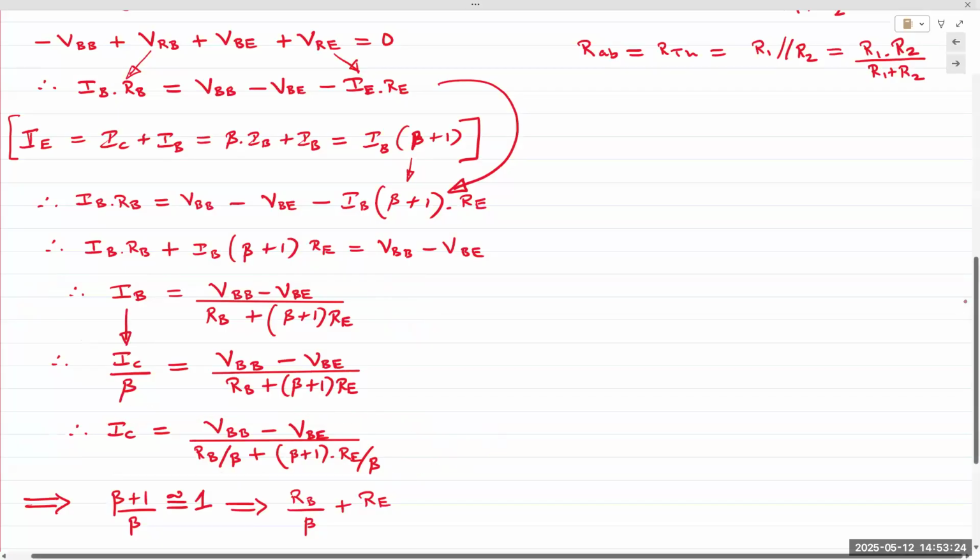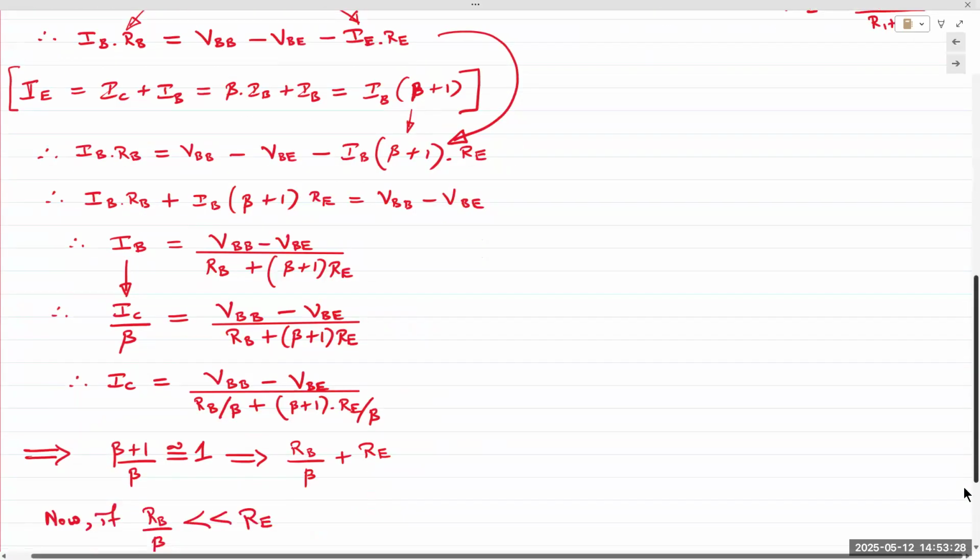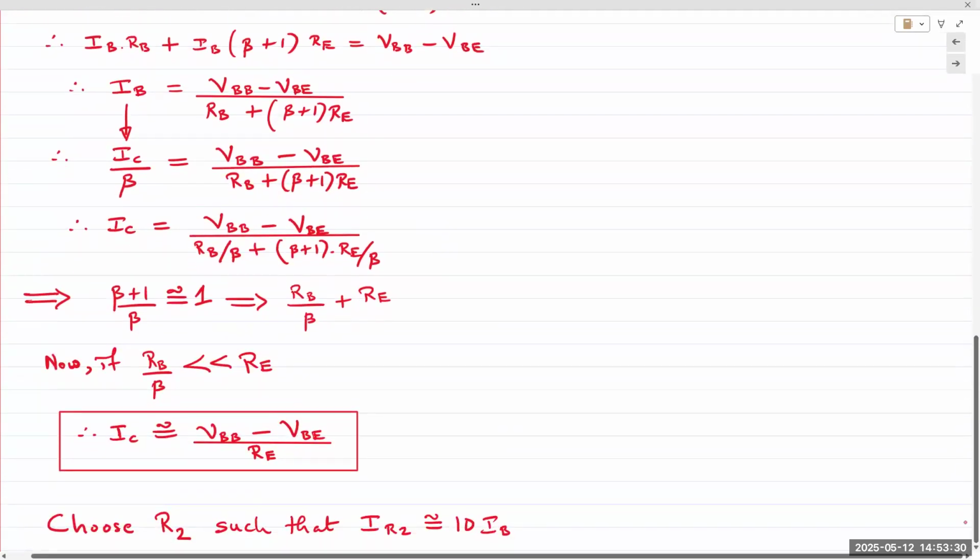Okay. That's our final equation. Okay. IC is equal to VBB minus VBE over RB over beta plus 1 times RE over beta.